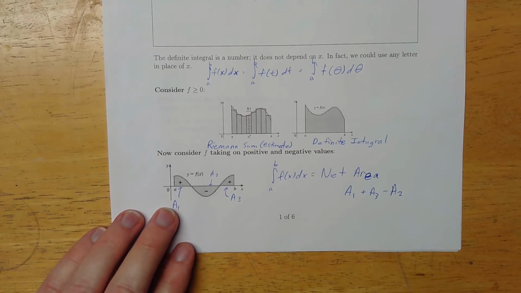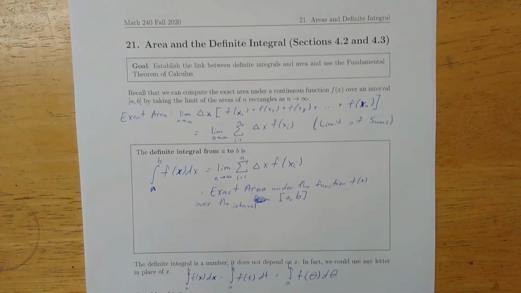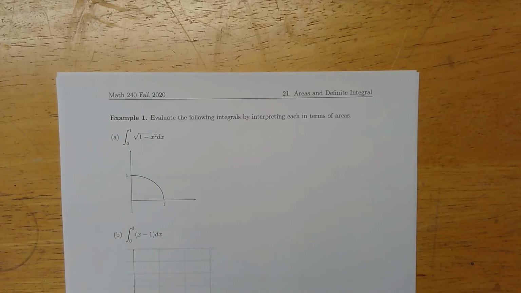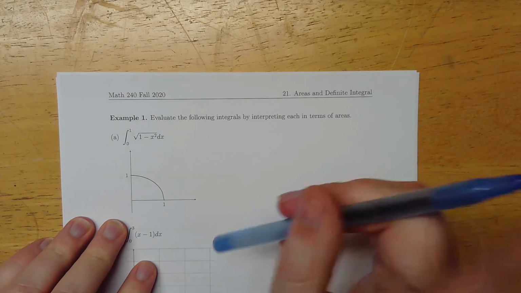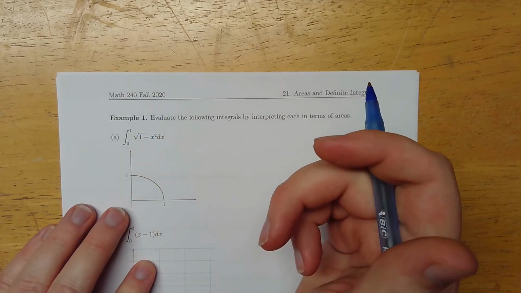All right, so before we get into the exact formal definition of how we can use this notation in a useful way, let's see if we can use this idea to figure out what the area or the integral should be. So say we wanted to take the integral from 0 to 1 of the square root of 1 minus x squared dx.